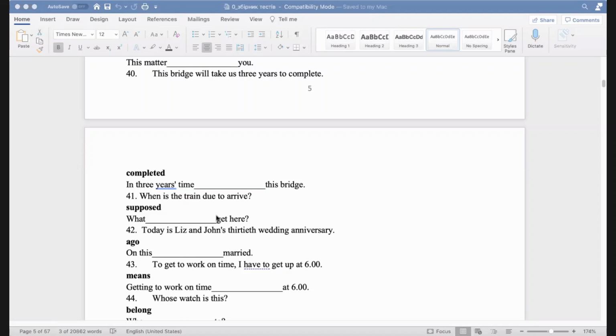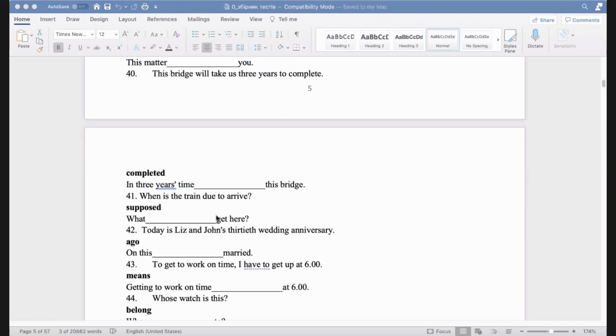Passive voice. Only passive voice is needed here. Okay. Great. Number 42, it's very easy. And here are only 50 questions and you will be free.